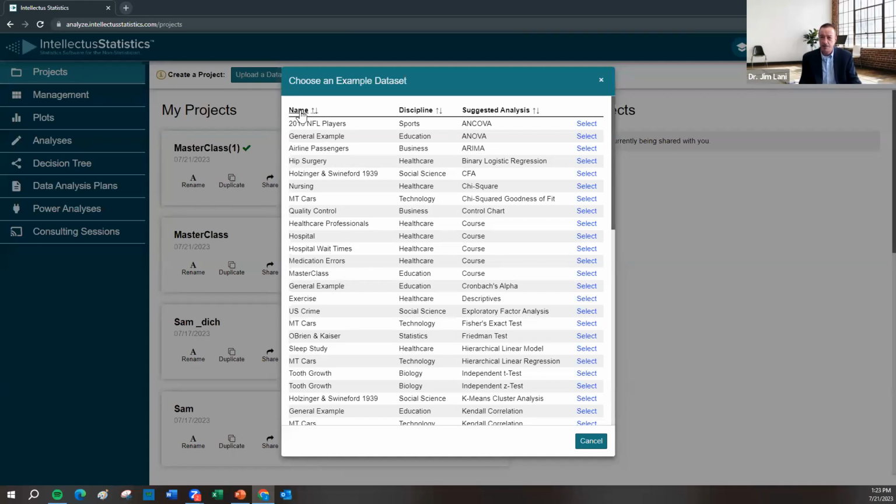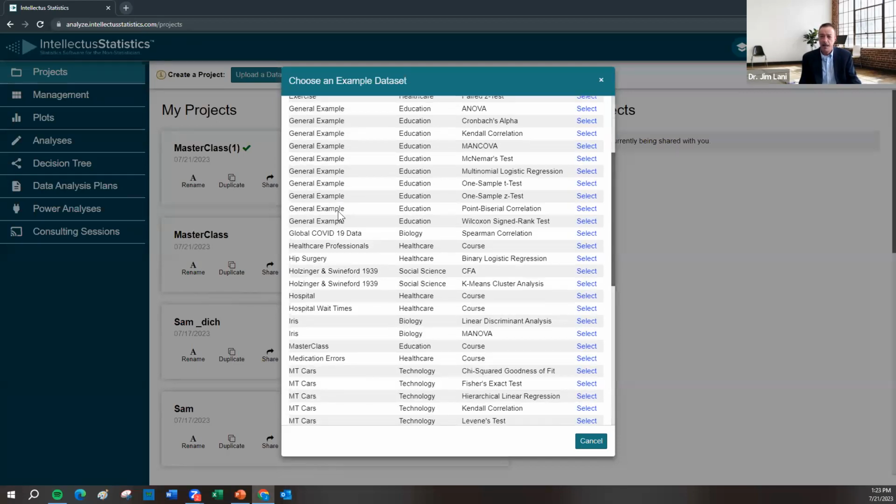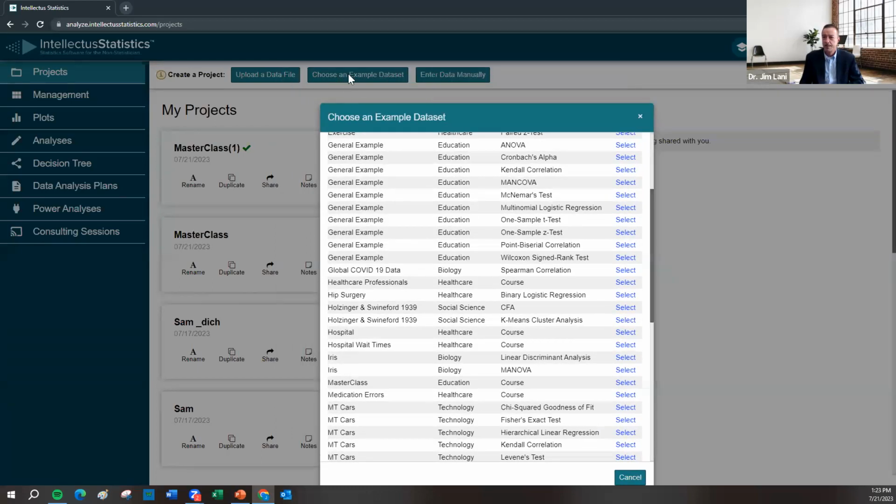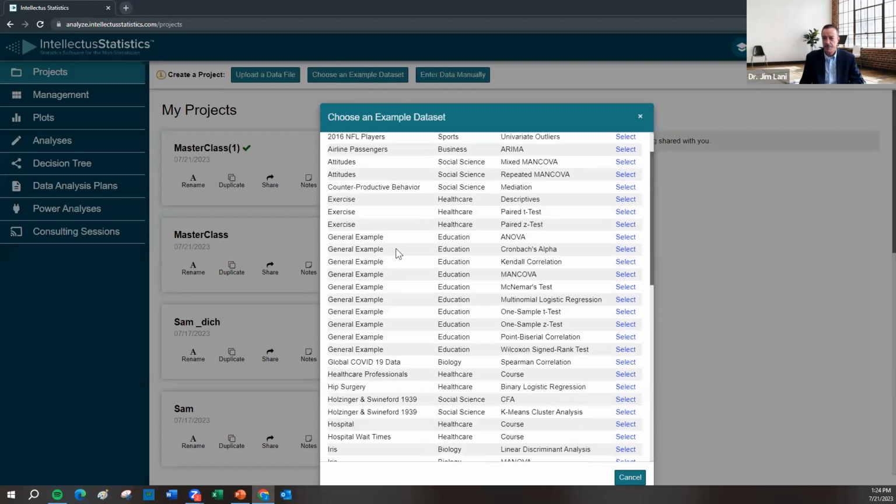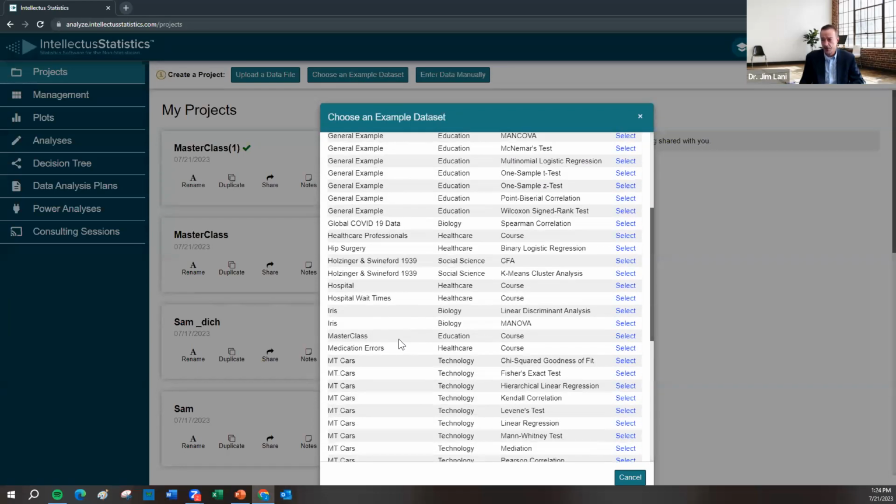You can sort these. We want to go to the master class data set and hit select. Give everyone a second to get there. So we went to example data set, I sorted the names, I'm going to master class and then going to select.